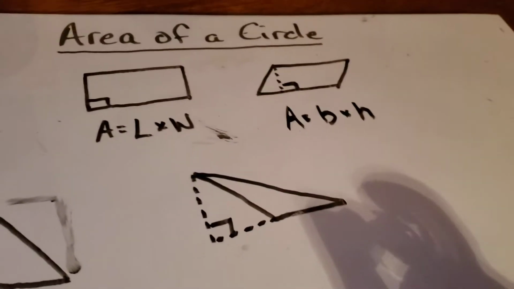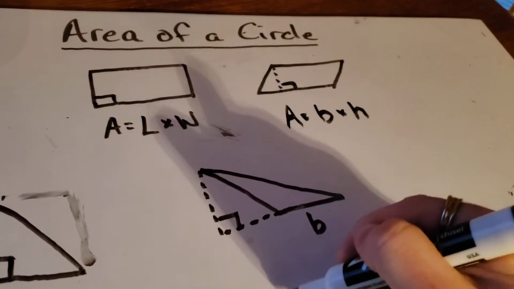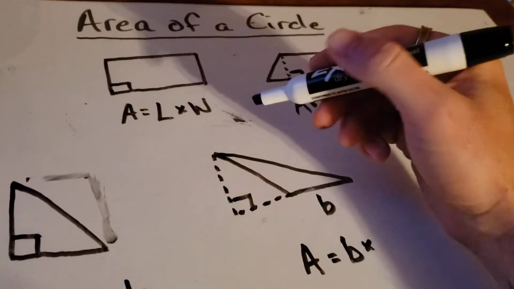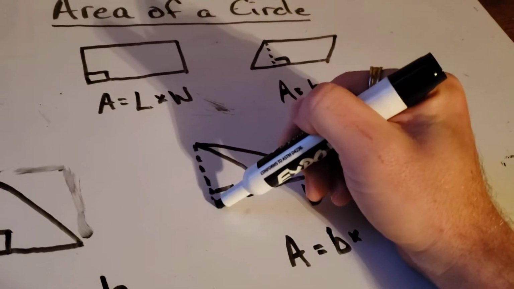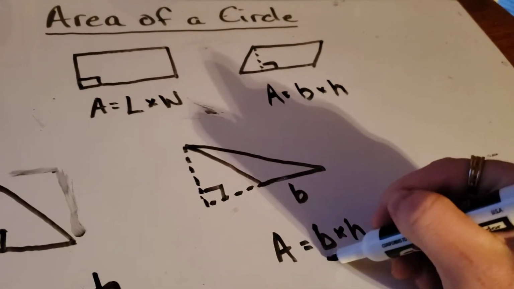So same formula over here. The only difference is base is always the bottom. So area equals base times, this is different here, the height is this imaginary line. I'll talk about why that is here in just a second. So base times height divided by 2.